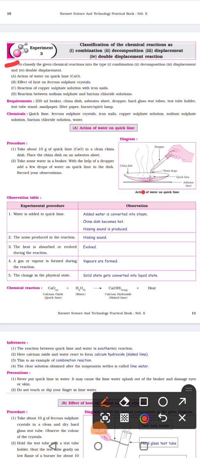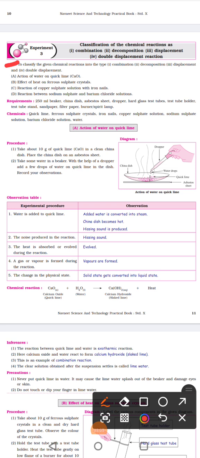Next, the requirements. Whichever reactions and their apparatus or requirements are in front of you, only those requirements you have to write. I repeat once again, do not overwrite. If you have only a beaker and china dish, you have to write only beaker and china dish. There is no need to write all the requirements mentioned in your chart.